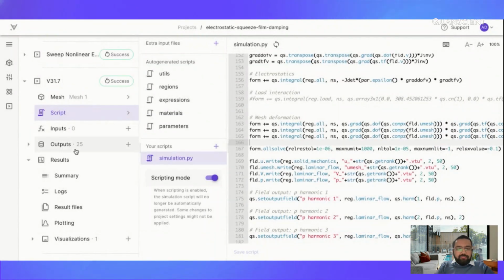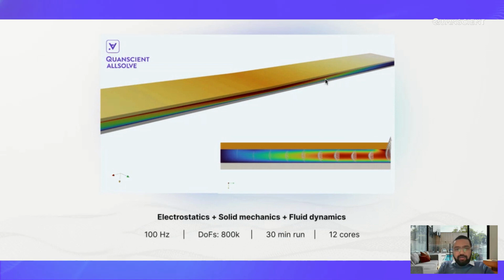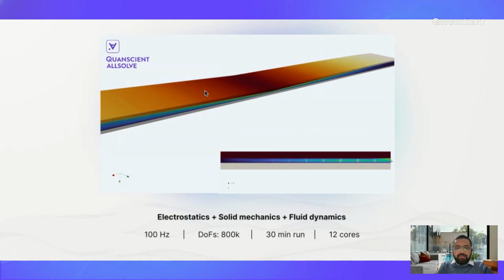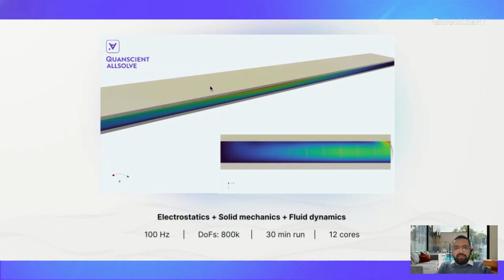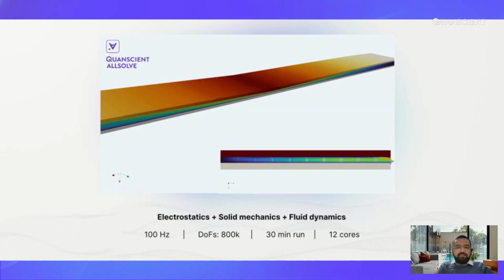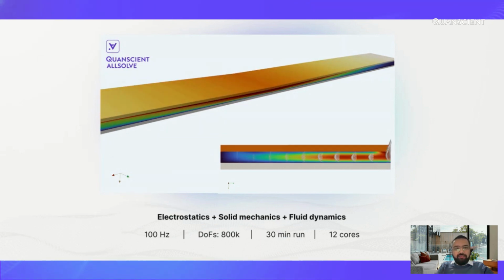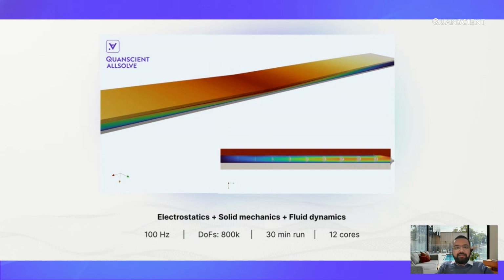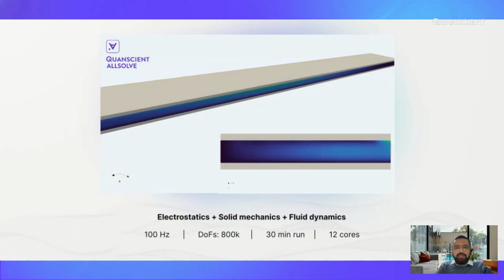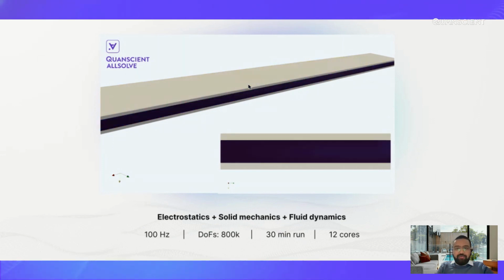And once we have the solution, let's look at the results now. That's how the results look. So I extracted the simulation results, we get harmonics, and we have predefined functions to export this as transient files. And that's what I have visualized here.